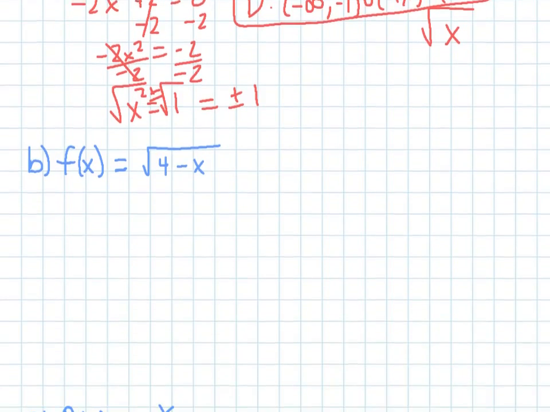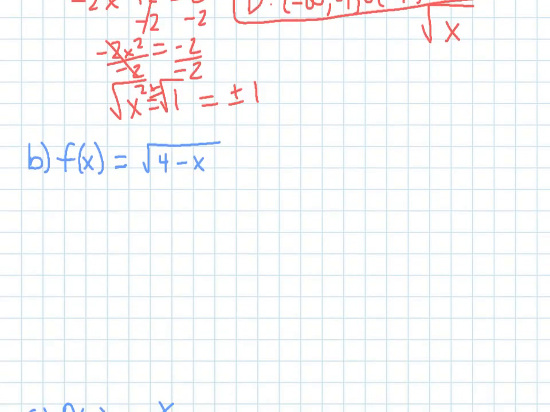Okay, let's look at letter B. So you have the square root of 4 minus x. So we have to figure out where values are going to be okay and not okay. I always like to start with where 0 would be, because that's the smallest number you can plug into a radical and still be okay, because that just gives you 0.